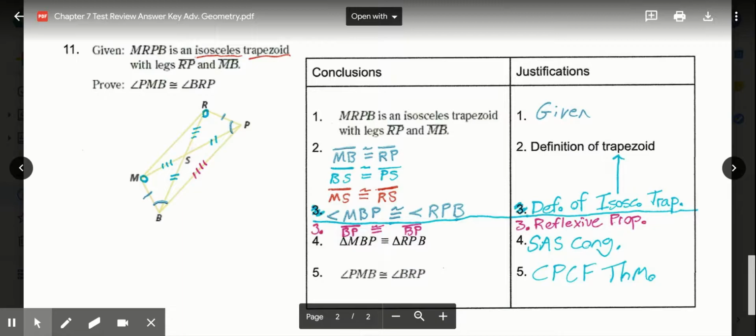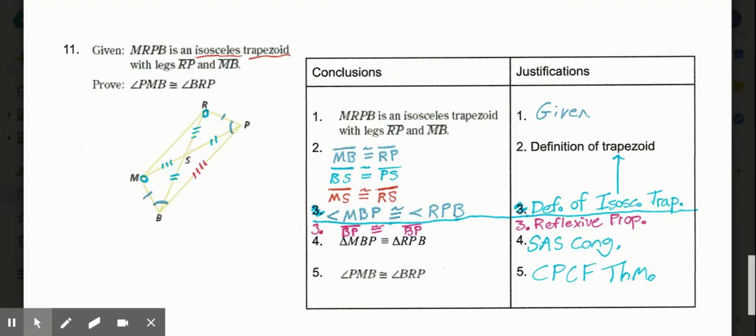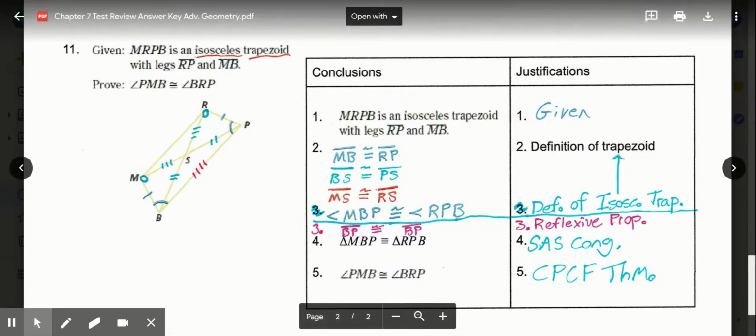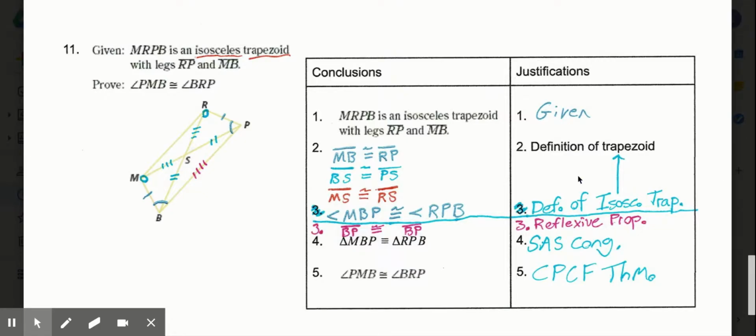So going back, we were given that MRPB is an isosceles trapezoid with legs RP and MB. So just restate the given for step 1.